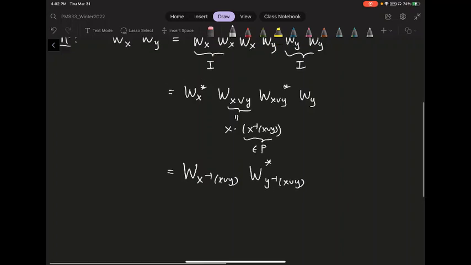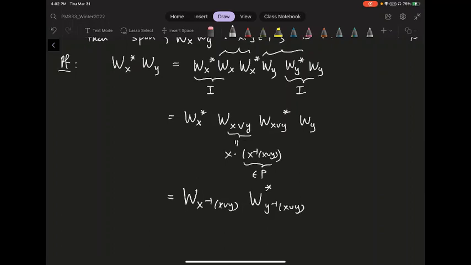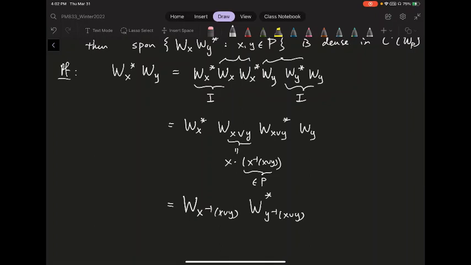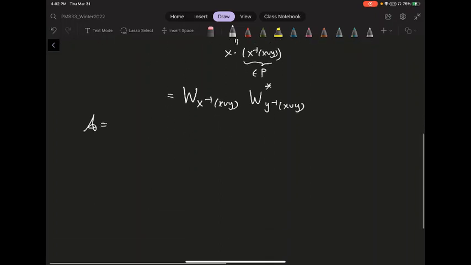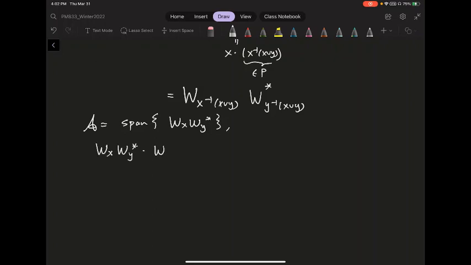So what this proves is that whenever you have these adjoints on the left, you can move them to the right. If you take the span of all the W_x W_y star, it becomes an algebra. Let A be the span of all the W_x W_y star. If you have W_x W_y star times W of x prime, W_y prime star, then the star can always move to the other side, or maybe it becomes 0, but in any case it's still in this form.